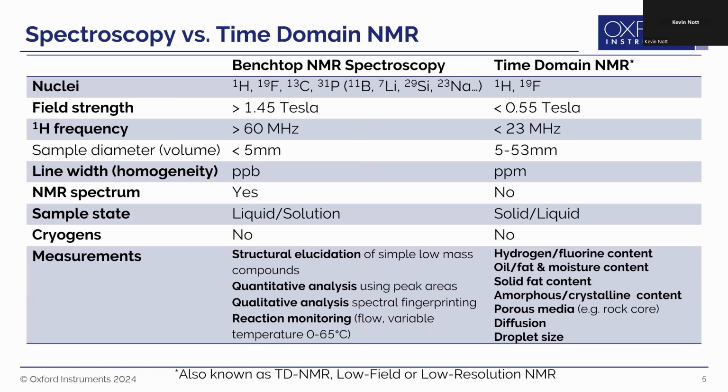So lower magnetic field strength and homogeneity means spectra cannot be resolved, and it also restricts the number of sensitive nuclei available for practical applications. But it does, however, allow increased sample size up to 53 millimeters, depending on the pole gap of the magnet being used.